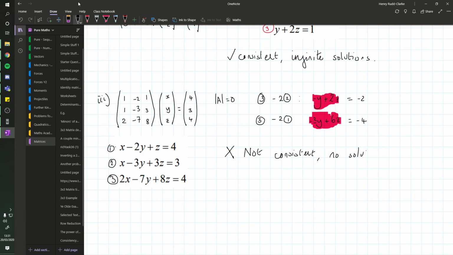But importantly, none of these are multiples of each other, so they can't be parallel, which means it's going to be a sheaf or a prism. But because this pair of equations that I make from eliminating x gives me a pair of inconsistent equations itself, that means that it must be a prism.